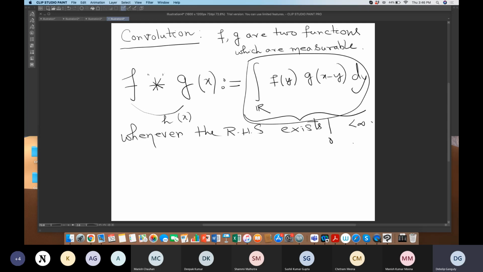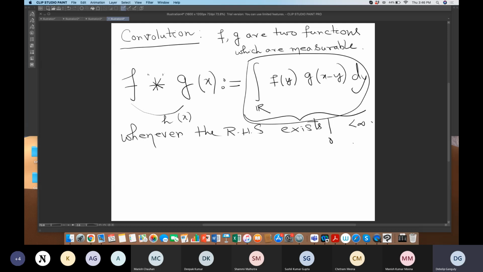It is a very important operation in analysis. If you do further research in analysis, like PDE, harmonic analysis, differential geometry, whatever you do, this convolution operator will come up every time in your life.